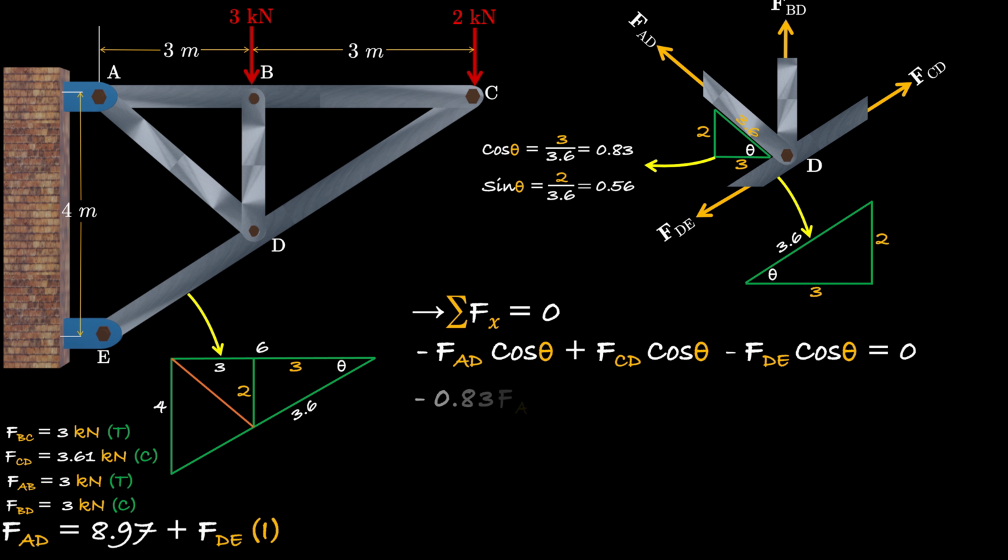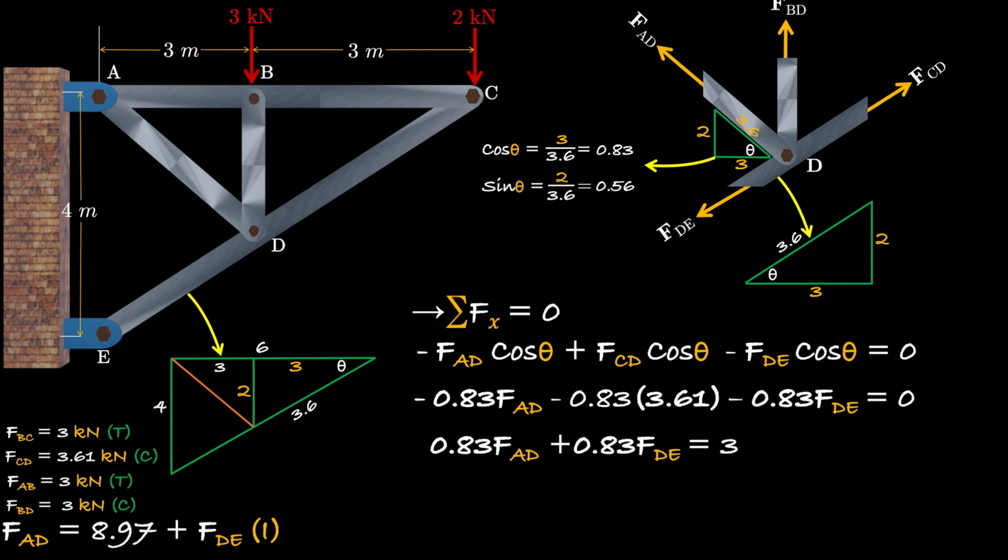We have cos theta and also have FCD. So now we have to make FAD subject of the formula so that we can equate equation 1 and equation 2. So let's simplify right here. So that means we have to divide each and everything by 0.83, right? And if we do that, we're going to see that FAD is equal to negative 3.61 negative FDE.